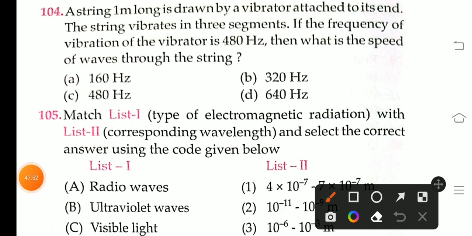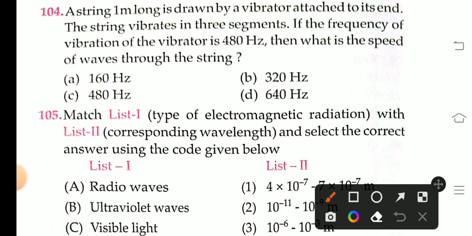Next, a string 1 meter long is driven by a vibrator attached to its end. The string vibrates in three segments. If the frequency of vibration of the vibrator is 480 Hz, then what is the speed of waves through the string?